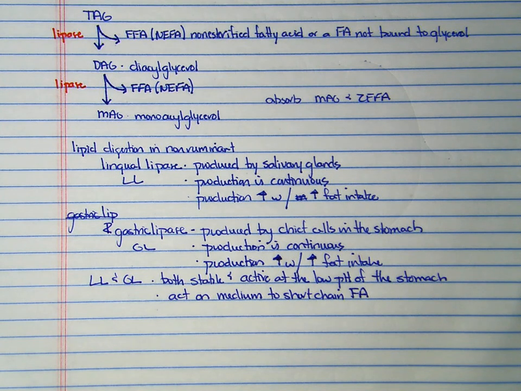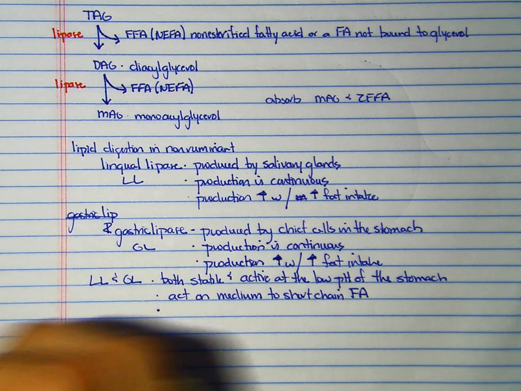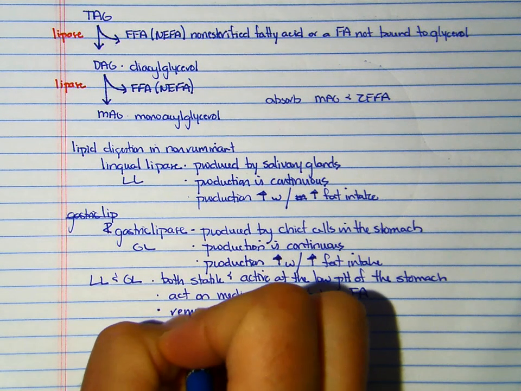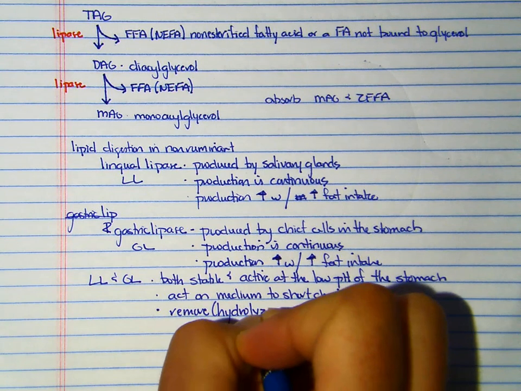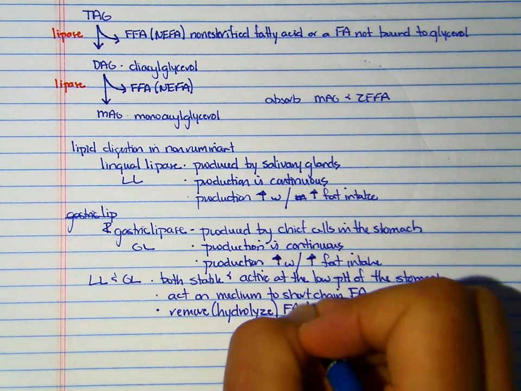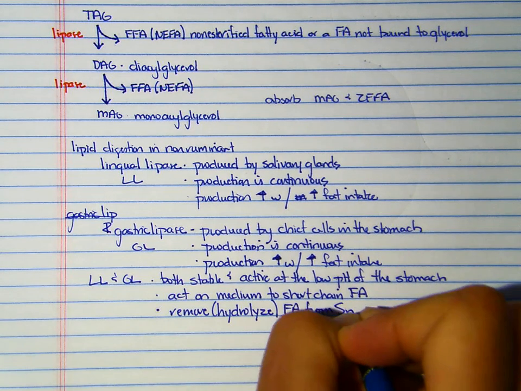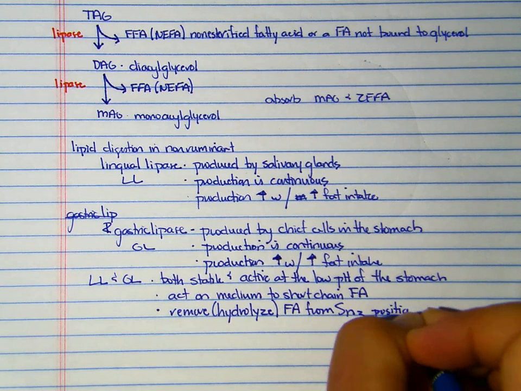And so this is real important because lingual lipase and gastric lipase are really important in the digestion of milk when you're a baby. And milk contains a lot of medium to short chain fatty acids. And lingual lipase and gastric lipase remove, or hydrolyze would be a better word, fatty acids from the SN3 position.